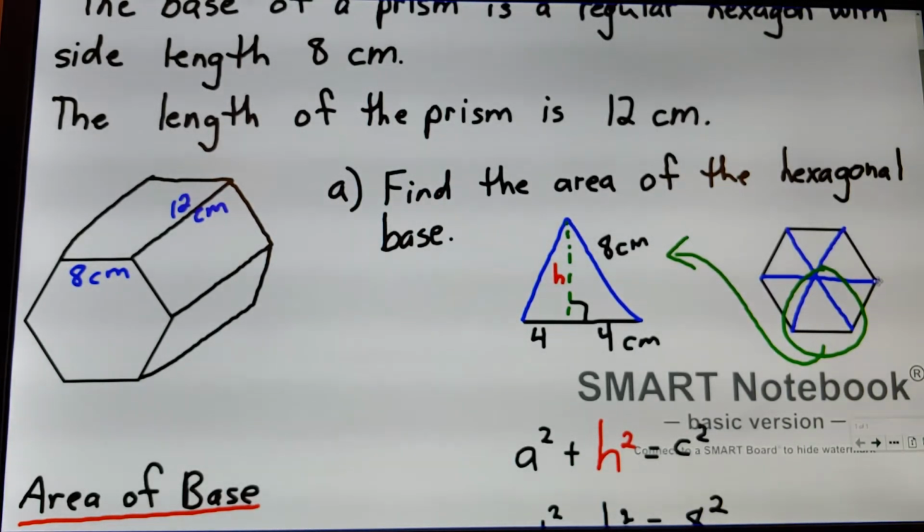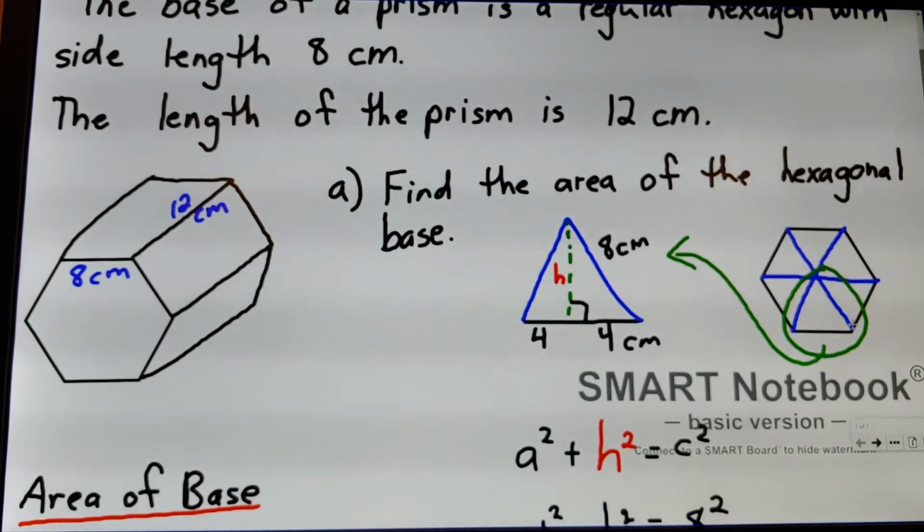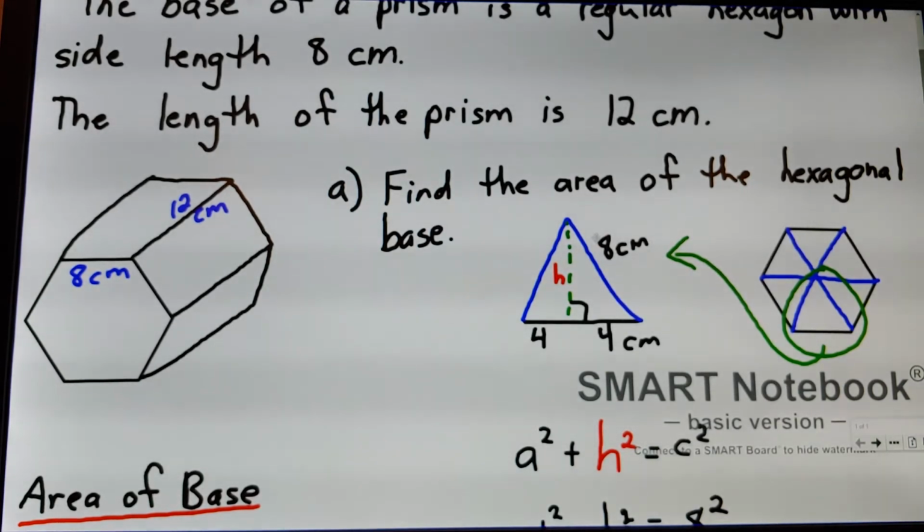So if I draw those lines across, I get 6 equilateral triangles. They're equilateral because this was a regular hexagon. And equilateral means all 3 sides are the same length. So this triangle sitting right here is this one: 8 centimeters, 8 centimeters, and 8 centimeters.